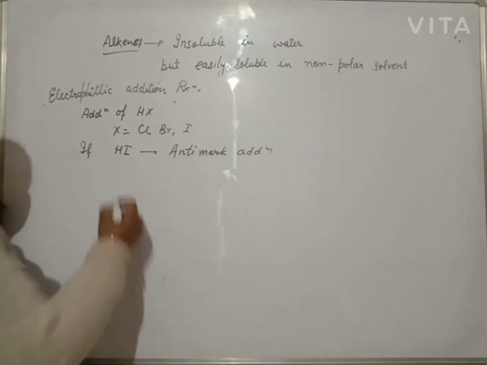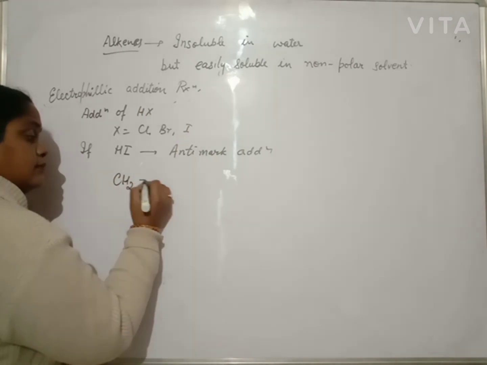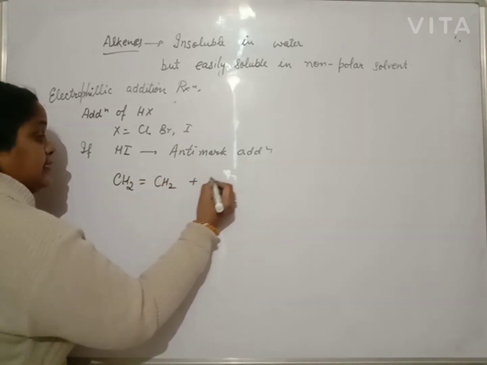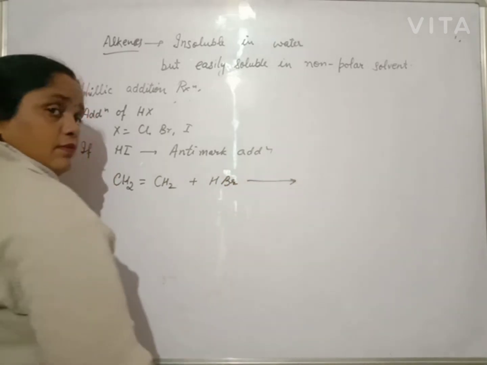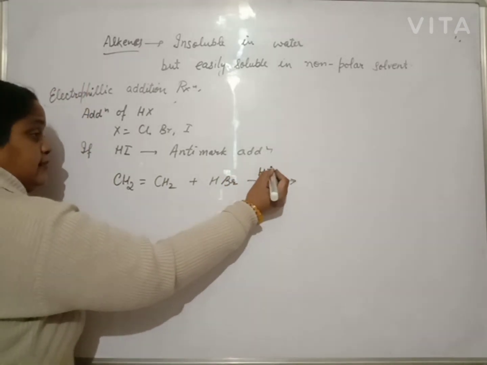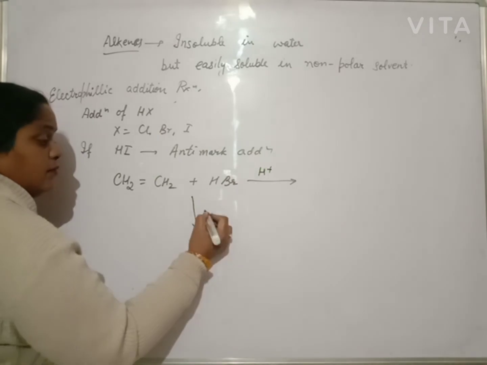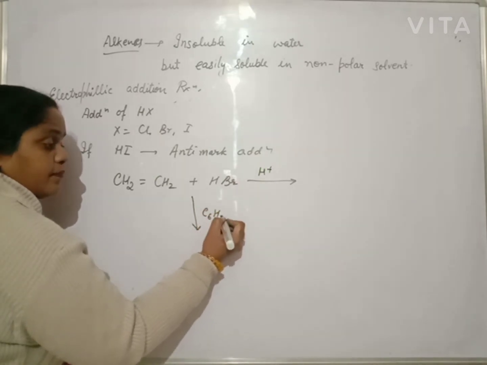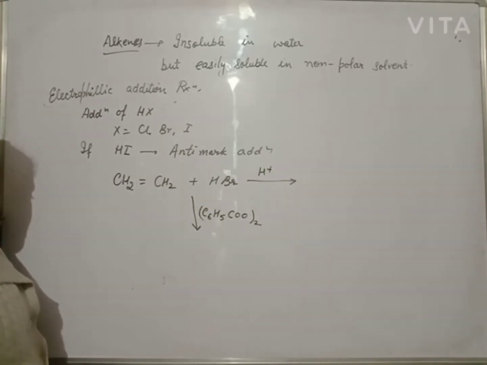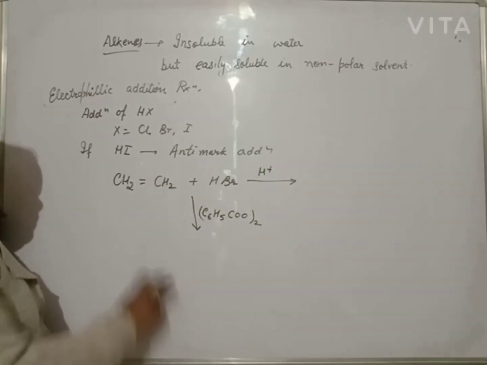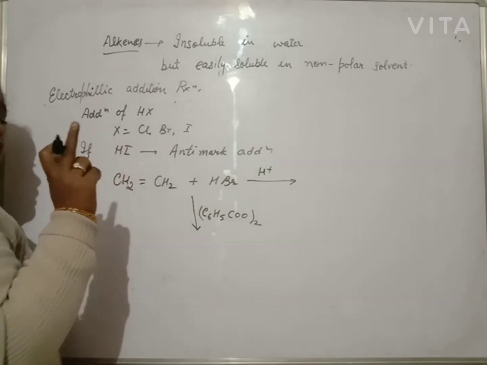Beta, if we have a symmetrical alkene and the reagent is unsymmetrical, and we have acid or peroxide as catalyst, what happens? Beta, none of the rules is applicable because it is symmetrical in nature.